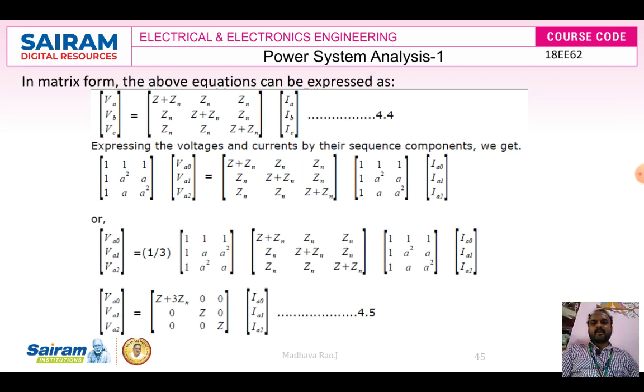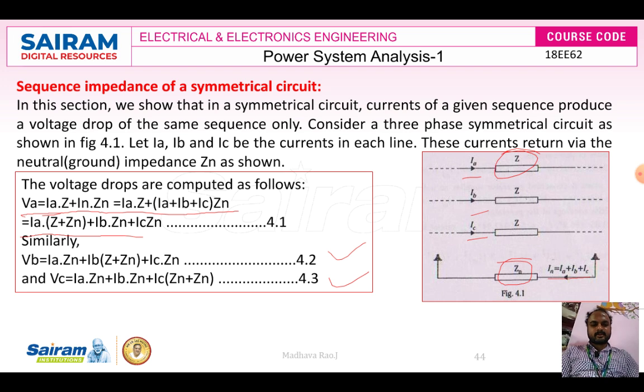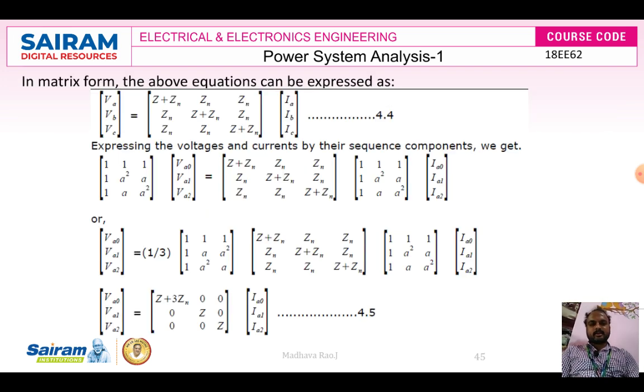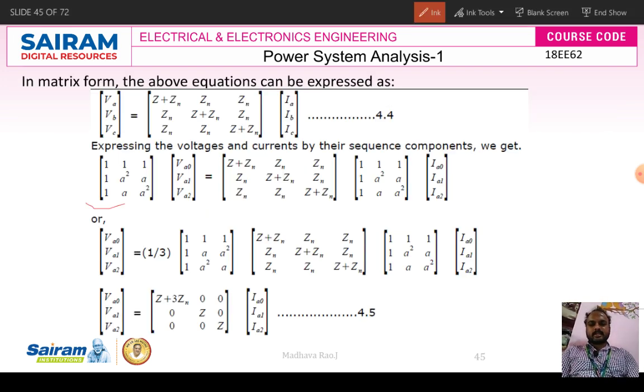If you write in matrix form, VA, VB, VC, you will get a 3 by 3 impedance matrix multiplied by IA, IB, IC. Expressing the voltages and currents by their sequence components, VA, VB, VC can be written with the matrix 1 1 1, 1 a squared a, 1 a a squared, times the sequence components.